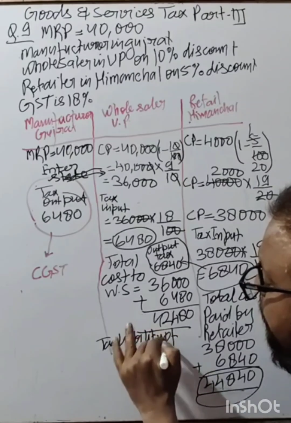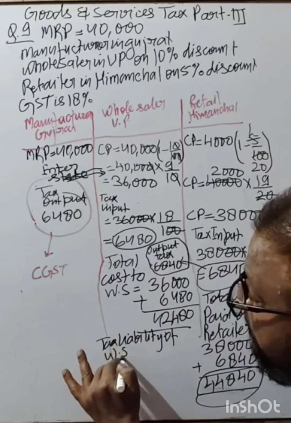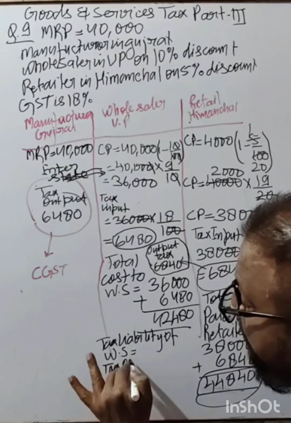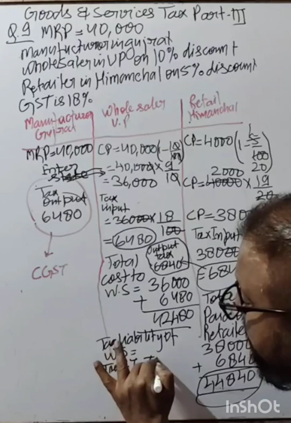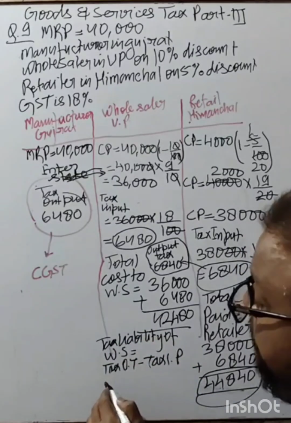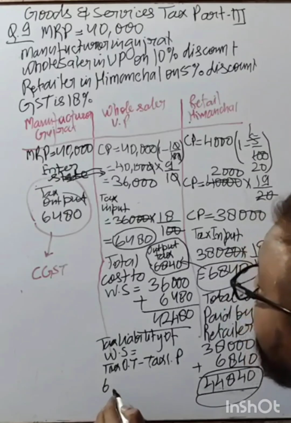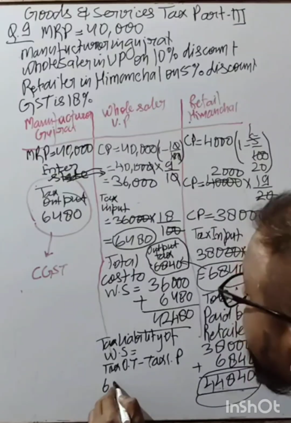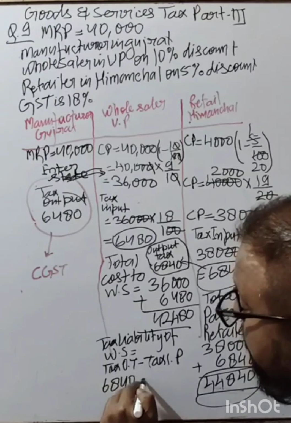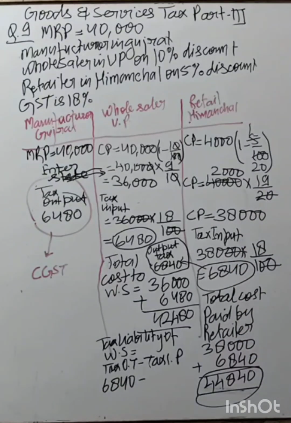Now the tax liability of wholesaler is equal to tax output minus tax input. So how much? 6,840 minus 6,480.